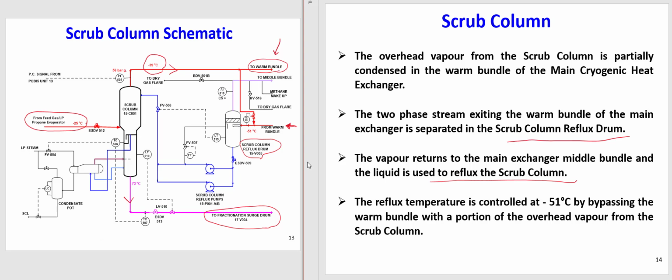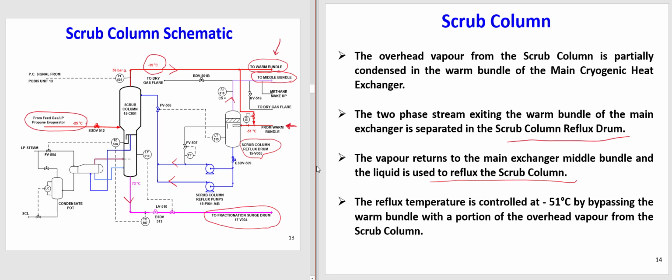It will separate liquid from vapor for us. The vapor at the top will be sent to the middle bundle of the main cryogenic heat exchanger, and the liquid will be pumped to the scrub column, because this is a cold liquid that we can use to separate some heavy molecules in the scrubber column from the natural gas coming in, the feed gas.